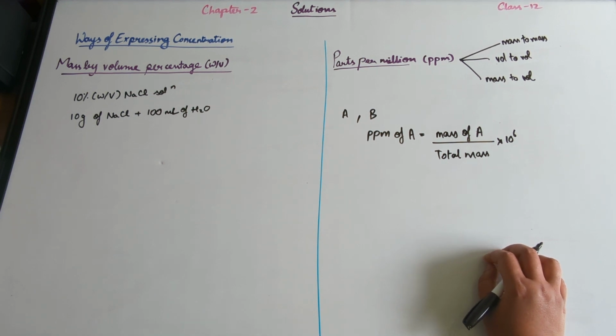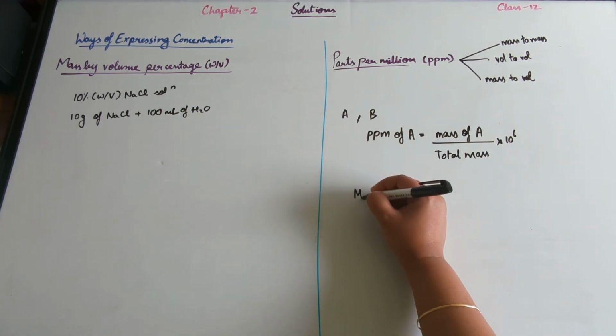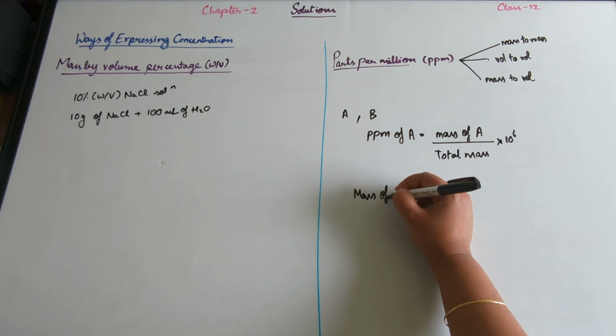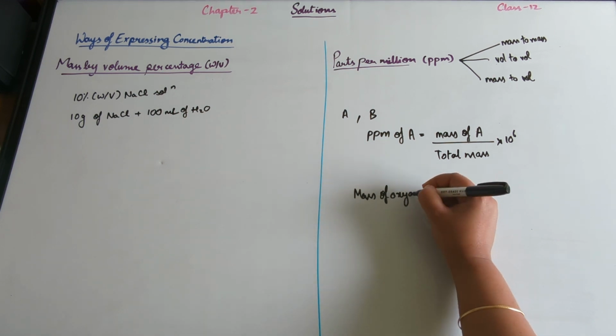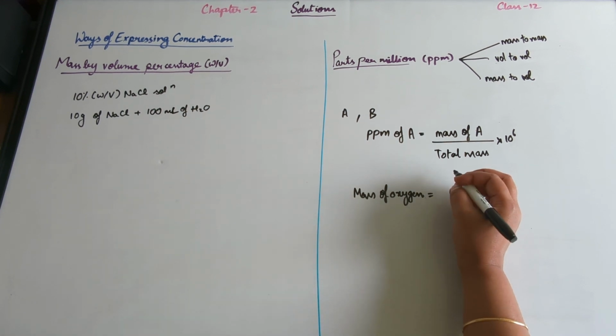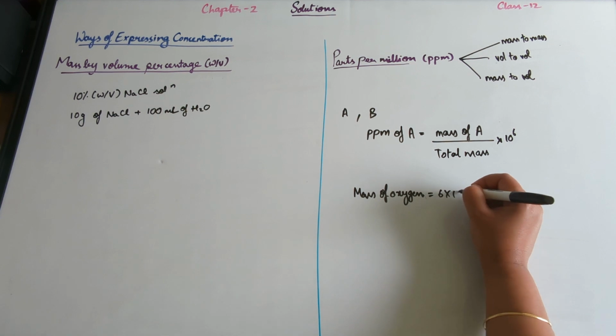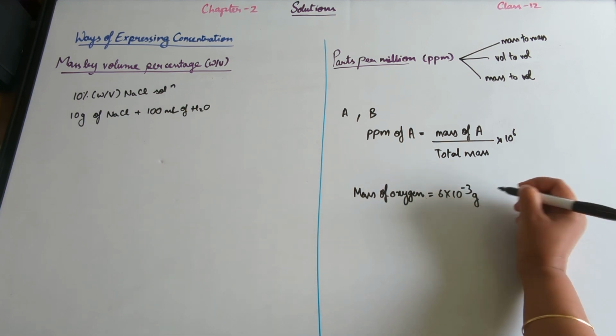So in your textbook, you've been given an example of 1 liter of seawater. So here we have a mixture of oxygen and seawater, and we're talking specifically about oxygen in that mixture. So the mass of oxygen in that particular mixture equals 6 into 10 to the power minus 3 grams.